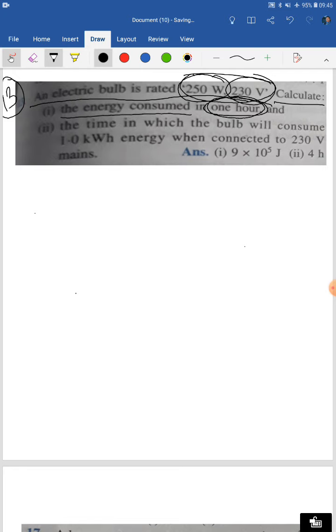And the time in which the bulb will consume 1 kilowatt hour of energy, when it is connected to 230 volts. So you are asked to find the energy consumed in 1 hour, and then you are asked to find in how many hours this bulb consumes 1 kilowatt of energy.